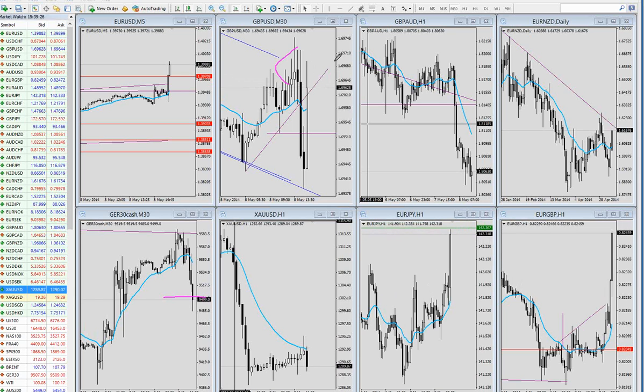Pound found some supply. Euro pound closer to 82.50, 55.